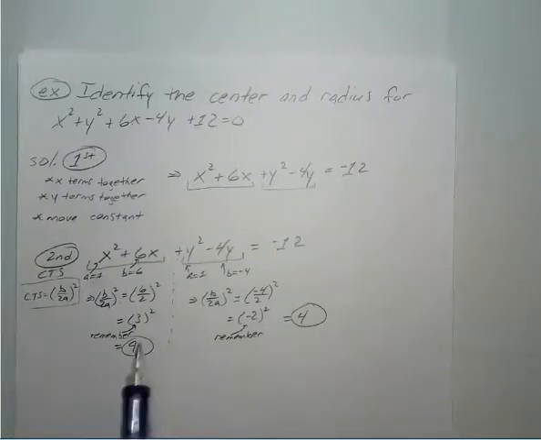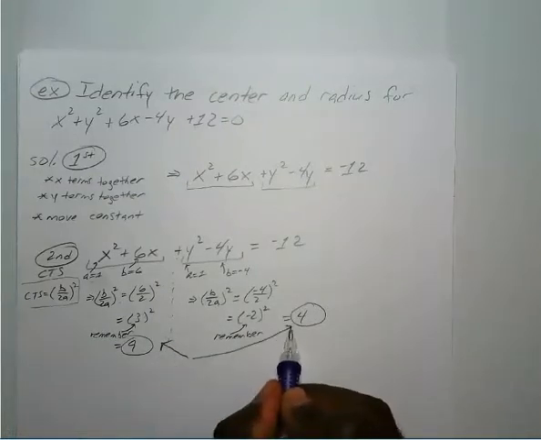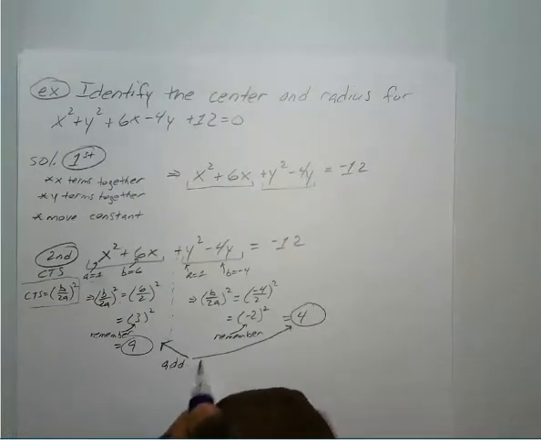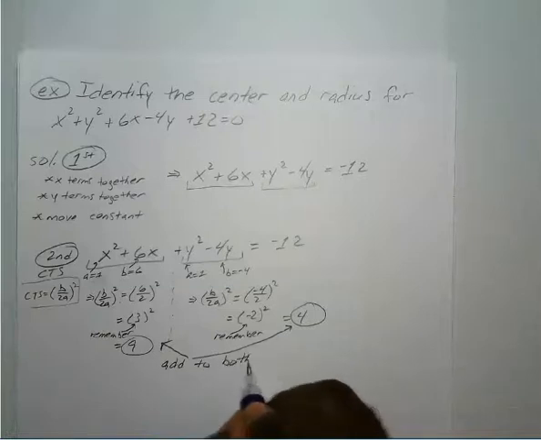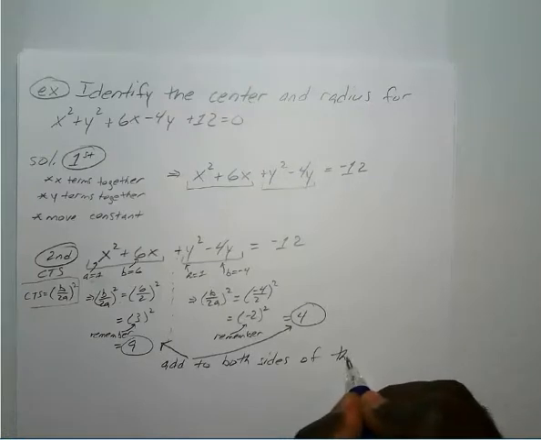Okay. Now, once you complete the square, those two values you want to add to both sides of the equal sign.